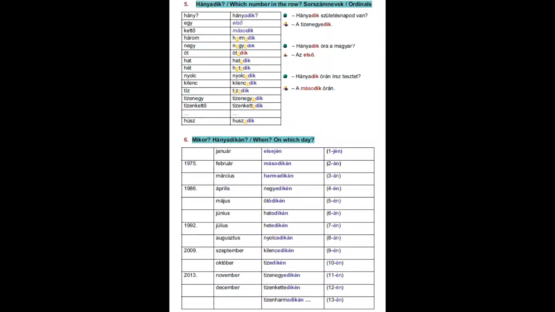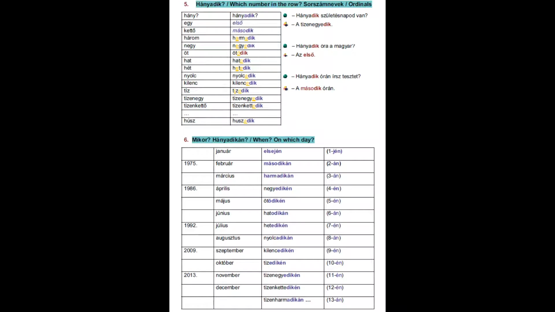Hányadik születésnapod van? Say that sentence with me. Read it. Hányadik születésnapod van? Do you know the other two words? We should already know születésnapod, right?